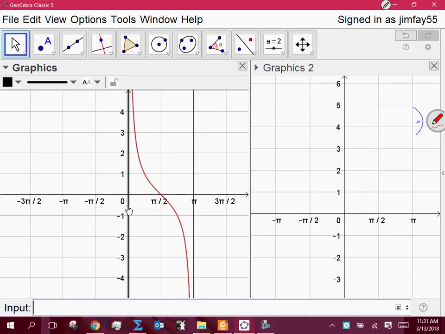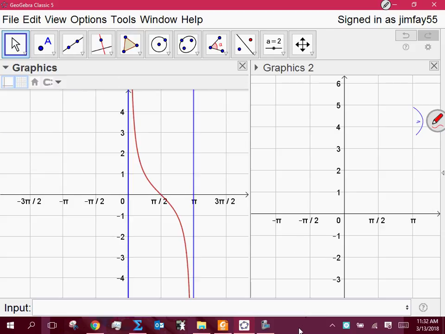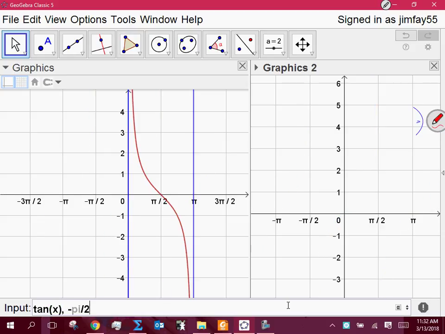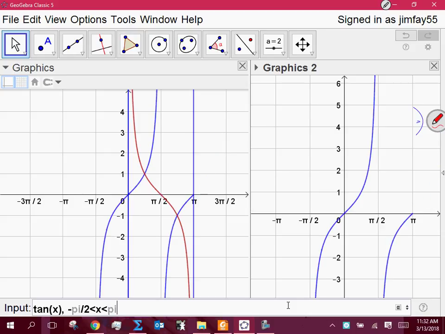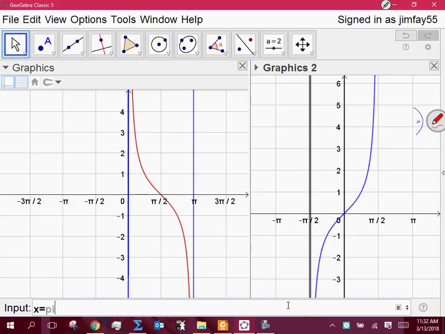And if we take that and cut and paste it, we'll get the rest of the curve. For the tangent, we look at an interval between -pi/2 less than x less than pi/2. So then our asymptotes are x equals -pi/2 and +pi/2.